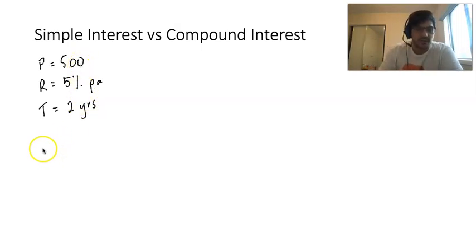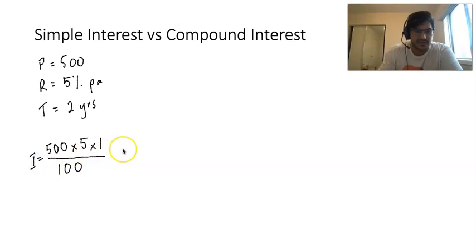We could go, and I'm going to break this down by year, okay? So for the first year that this money is invested for, it'll be 500 times 5 times 1 divided by 100. And this is going to be the amount of interest that we're going to earn. Remember, this is interest.